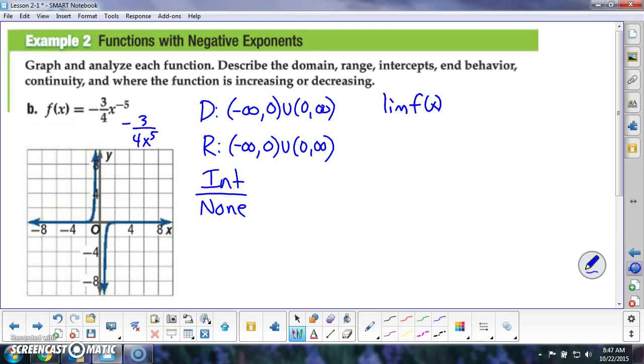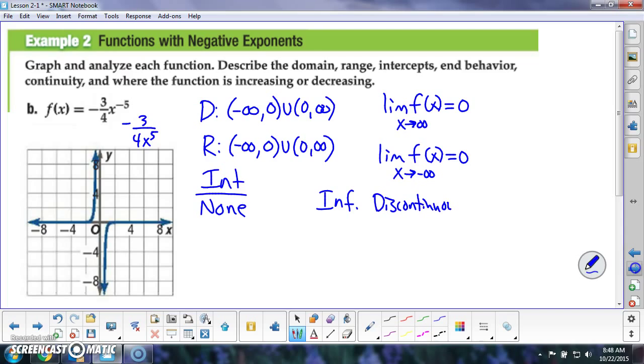The end behavior, as you go really far to the right, it flattens out at a height of 0. And as you go really far to the left, it flattens out at a height of 0. This is discontinuous, and it's infinite again, because it's going up and down at a certain spot of 0. And lastly, increasing and decreasing behavior.